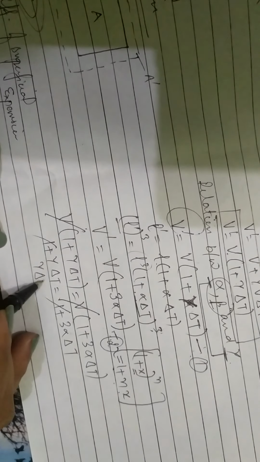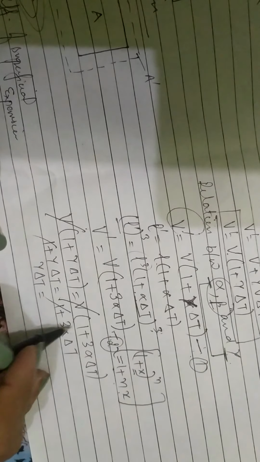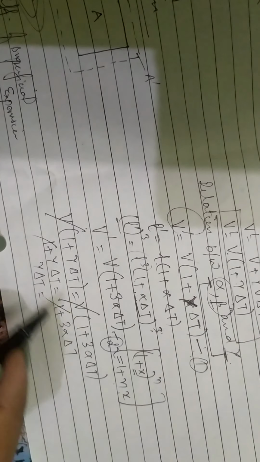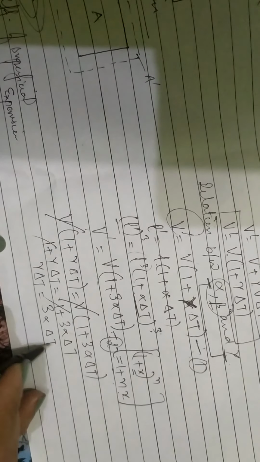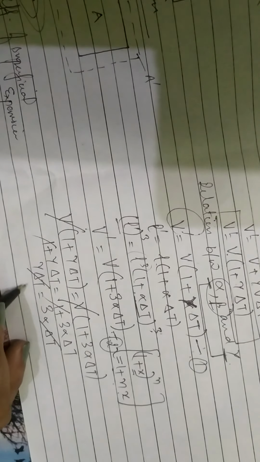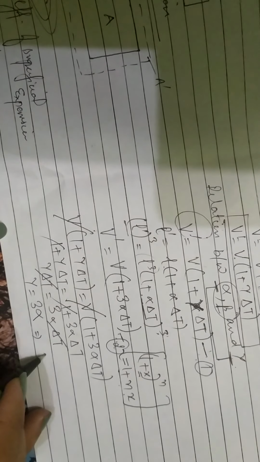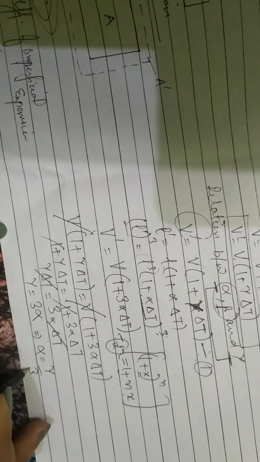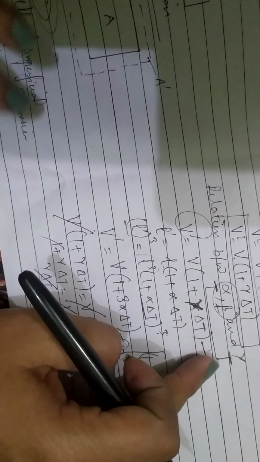How do they get cancelled? The 1 goes to the other side and becomes minus 1, so it becomes 0. So gamma delta T is 3 alpha delta T. Then delta T and delta T get cancelled. So gamma is 3 into alpha, or we can write that alpha is gamma divided by 3. Okay, this is the relation between alpha and gamma.